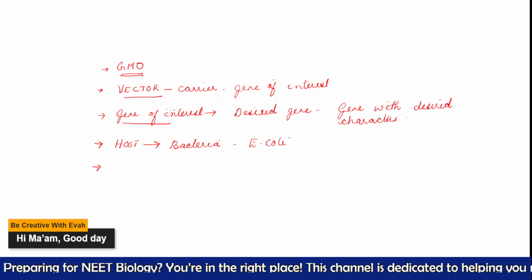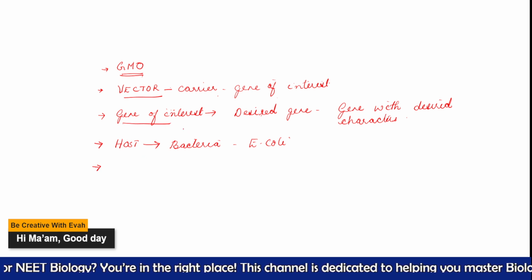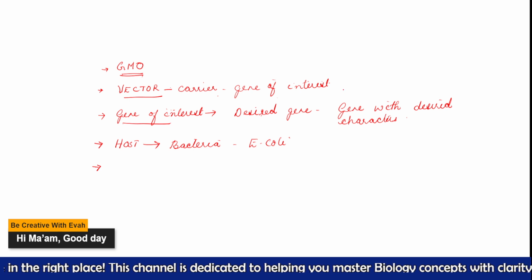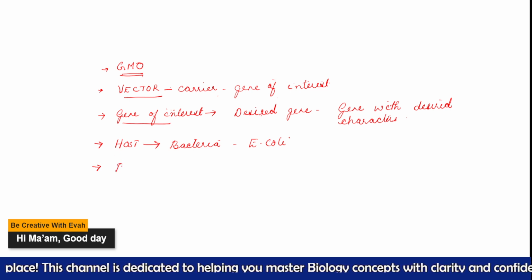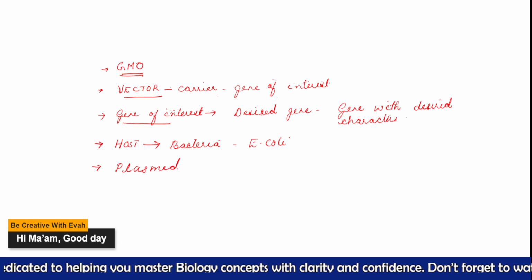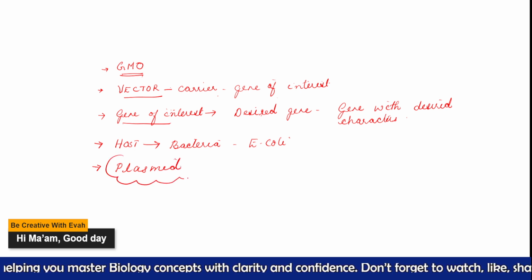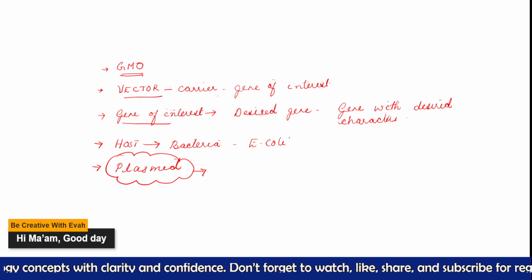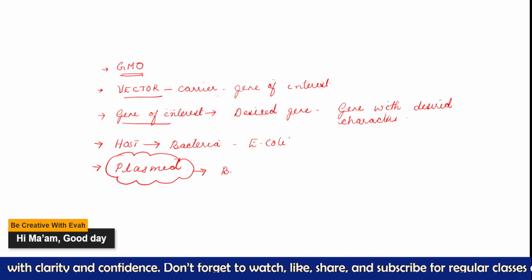Then another specific term you need to remember: vector. We know what a vector is. It is a carrier of the gene of interest. Among these, a commonly used vector is known as a plasmid. You might have learned about the plasmid in the structure of the bacteria, because the plasmid is present in the bacteria.